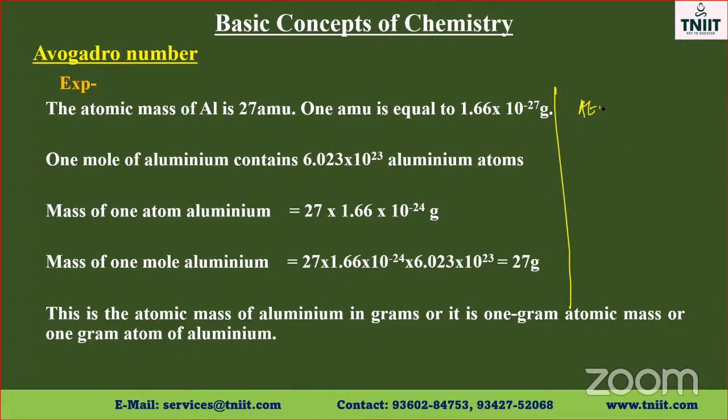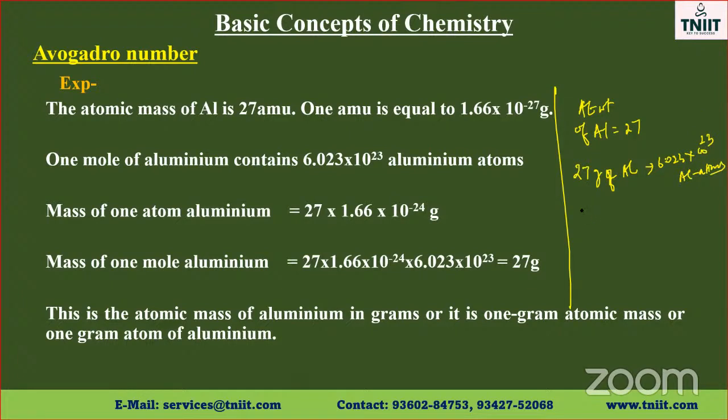Now, we know that the atomic weight of aluminum is given as 27. So we also know that 27 grams of aluminum contains 6.023 into 10 power 23 aluminum atoms.